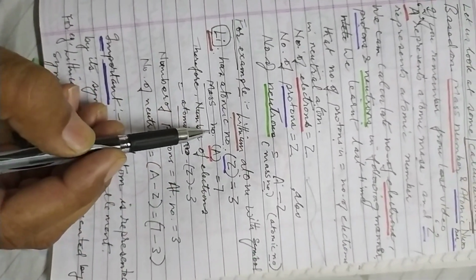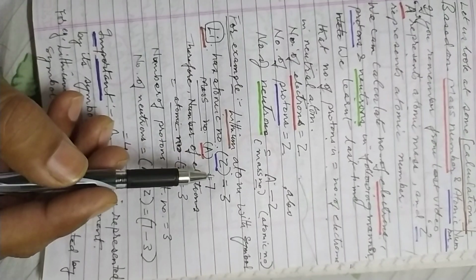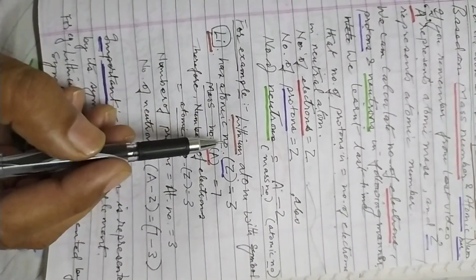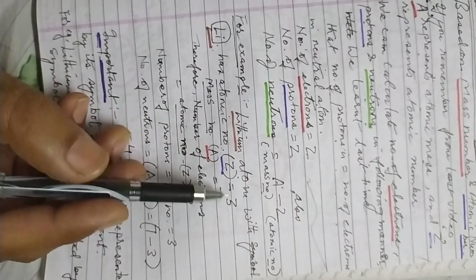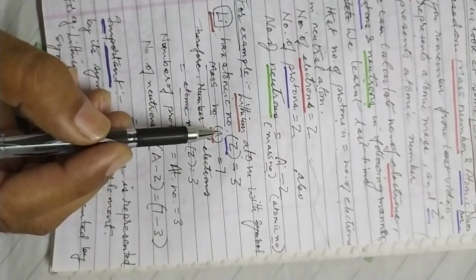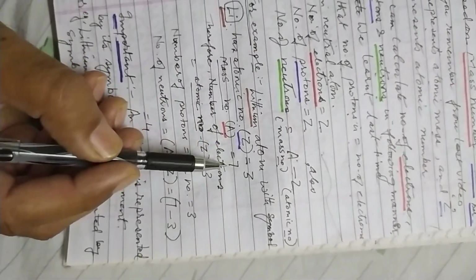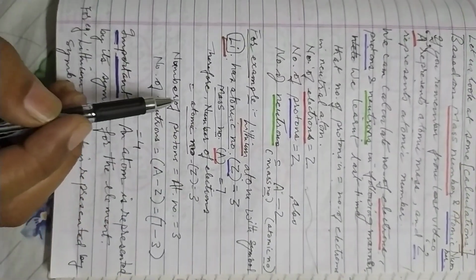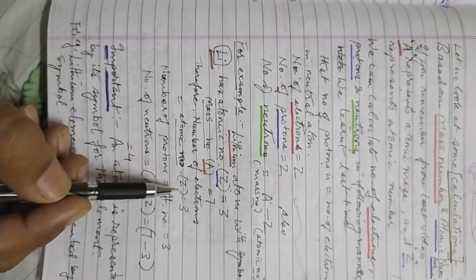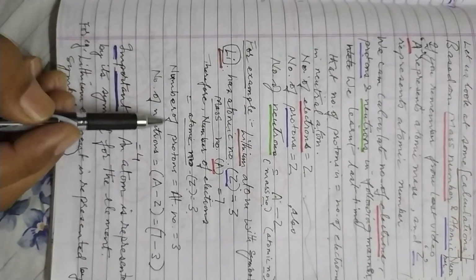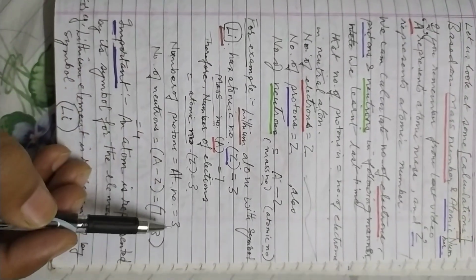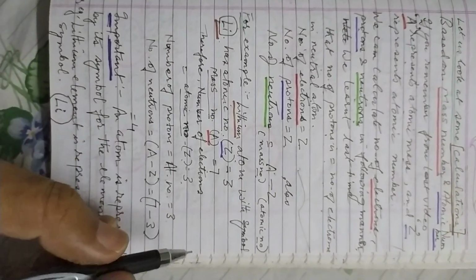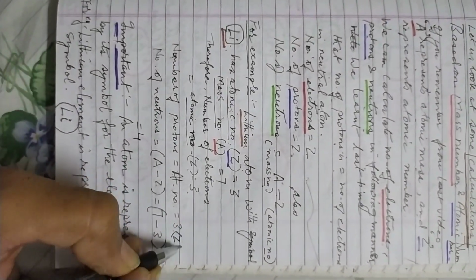The atomic number is 3 and mass number A is 7. Therefore, the number of electrons is equal to atomic number Z, which is 3, and the number of protons is atomic number 3, which is also shown by Z.